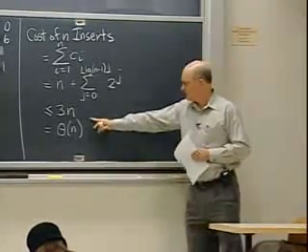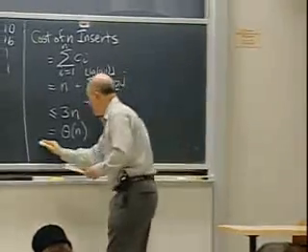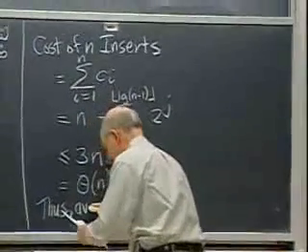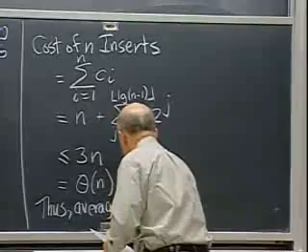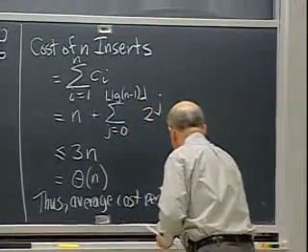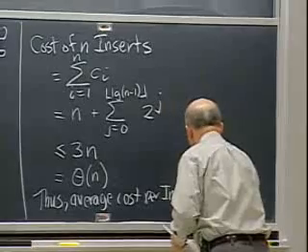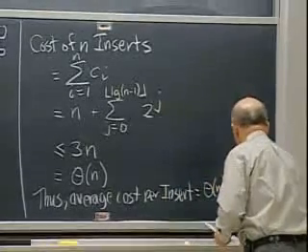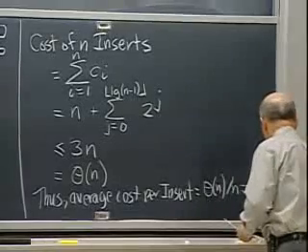Now that's algebra. So thus, the average cost per insert is theta of n over n, which is theta of 1.